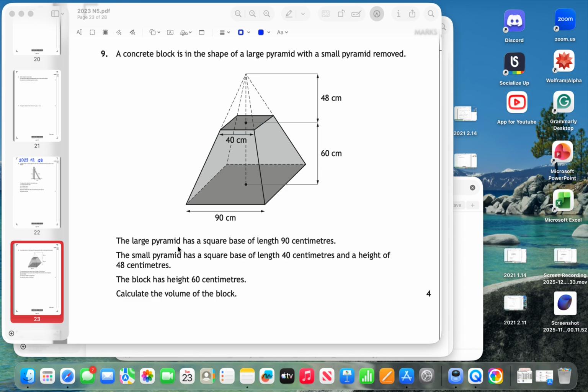So we want to first of all find the volume of the large pyramid.